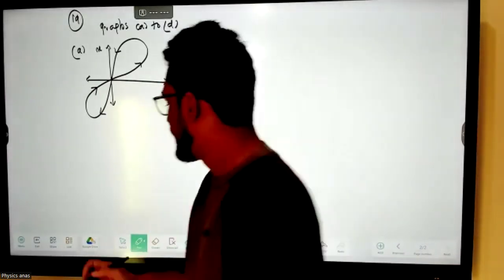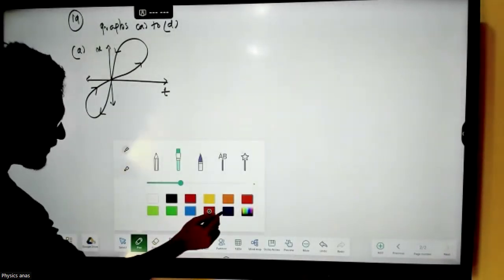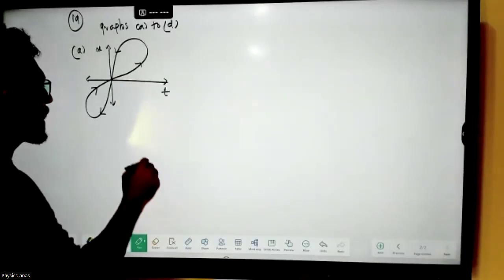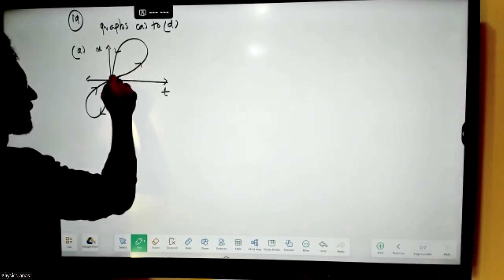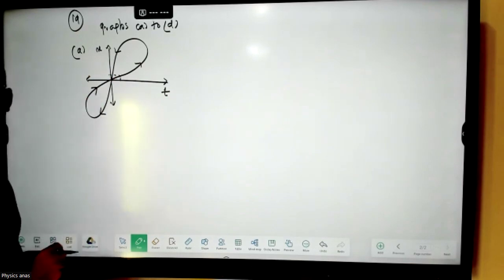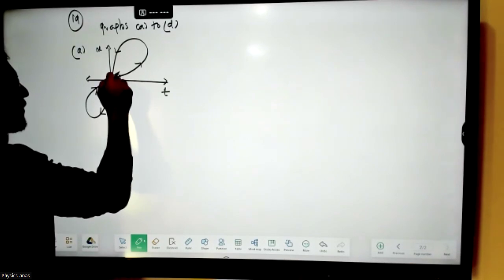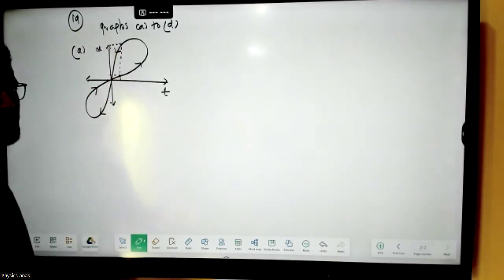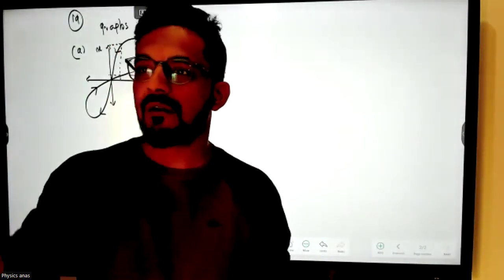Why is that? Let me tell you one thing. If you take a particular time, I'm taking this time, at this time the position is at this point, right? But at the same time, you can extend that line and you will get another position also. What is the meaning? At the same time, you have two positions.